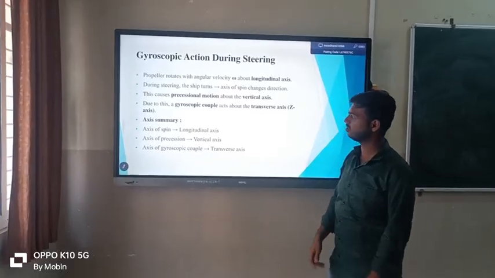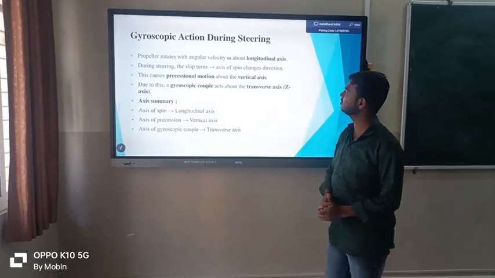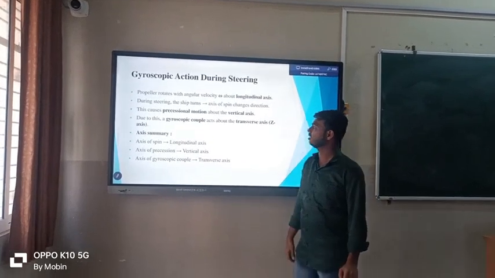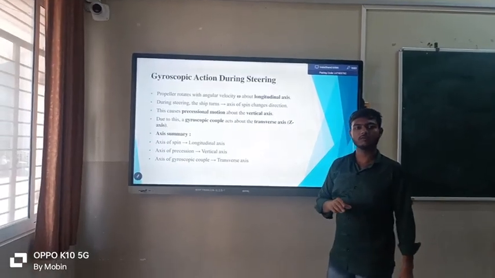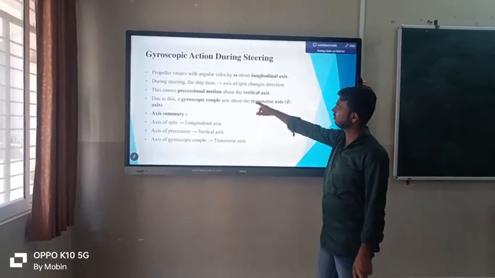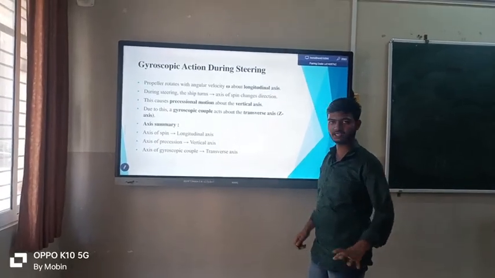Gyroscopic action during steering motion. The propeller rotates with angular velocity omega about the longitudinal axis. Seen from the stern end, the propeller is rotating in the clockwise direction, and during steering the ship turns towards left or right.